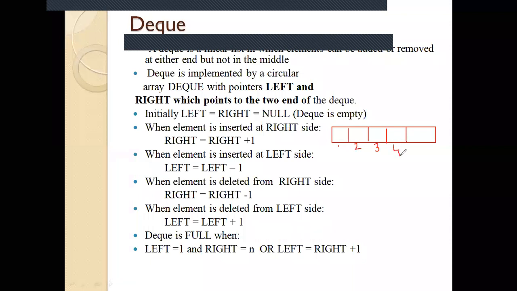Suppose I can store maximum 5 elements. This is a double-ended queue, so I need to take two variables, one is left, another one is right. I'm taking L and R. Initially both L and R would be 0, or you can say null. So both are initialized to 0, 0. First time, suppose I want to insert A. When you insert the first element, both left and right would be incremented by 1.